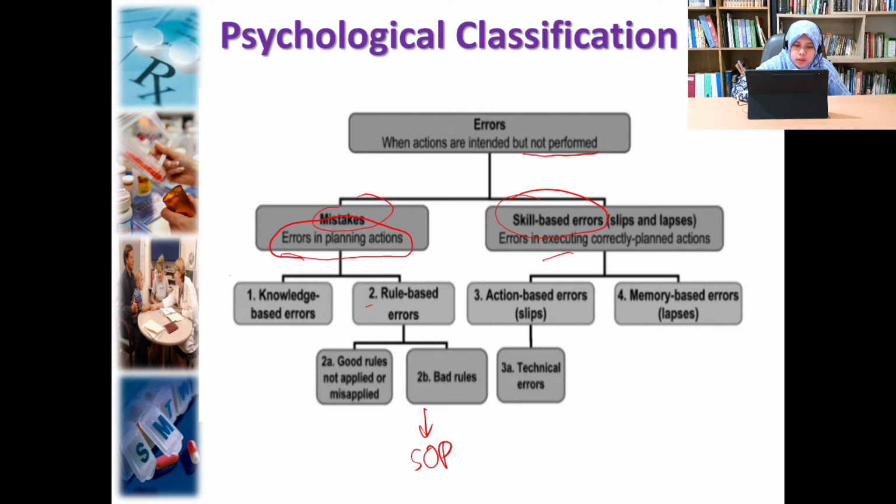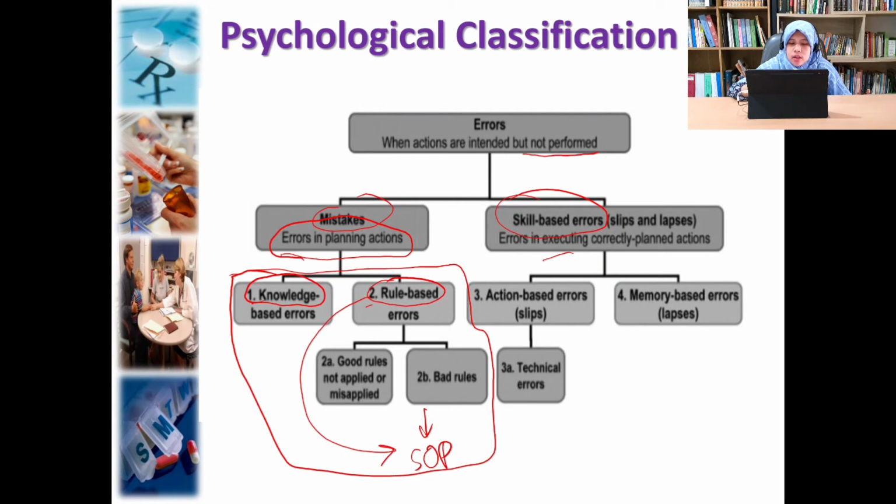So when the pharmacist plans to deliver and administer a drug or prepare the medication, there are two potential errors, because of knowledge and because of the rule base. For the rule base, it is related with the standard operating procedure. For good rules, there is a standard operating procedure, but the pharmacist does not apply or misapplies it. For bad rules, the pharmacist does not have a good standard operating procedure.